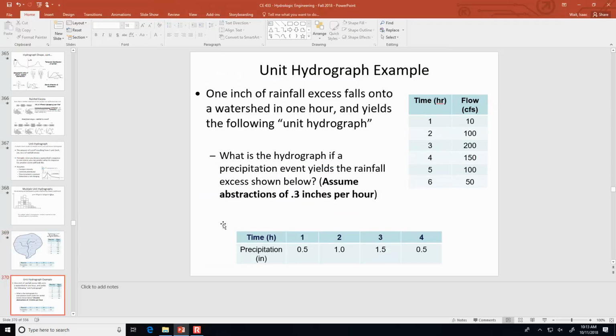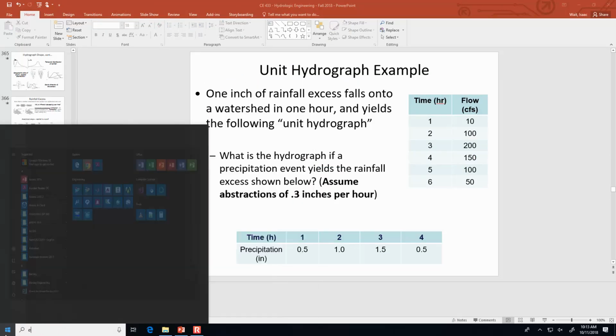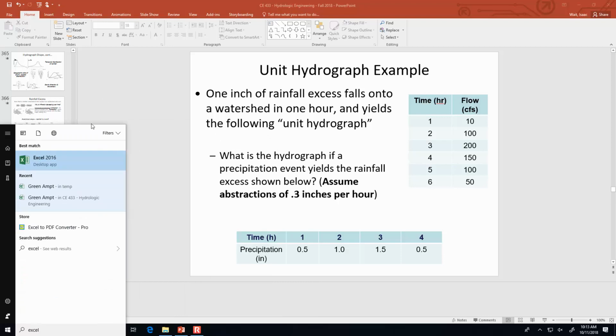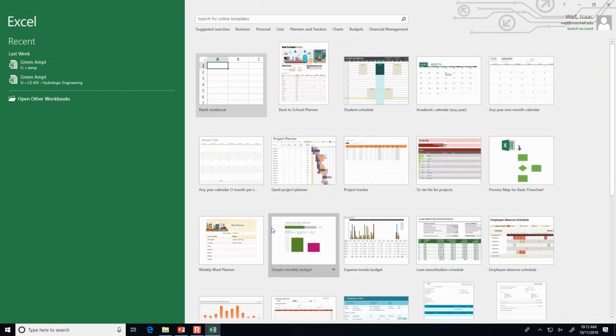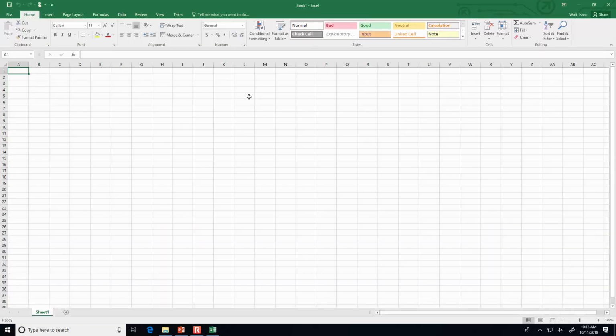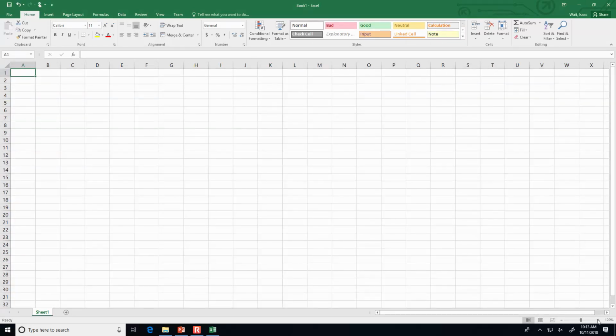Okay, so if you've got your computer, let's start up Excel. Okay, so first of all, let's get the unit hydrograph in Excel.